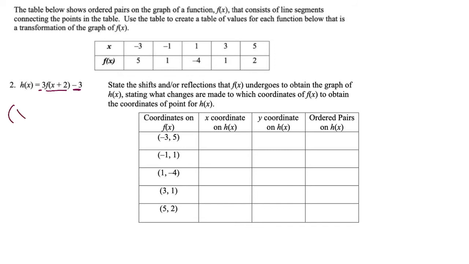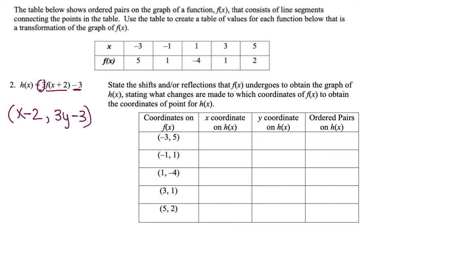So what's going on with x? It looks like x is going to go left 2, and then for your y, it's going to be multiplied by 3 and then lowered, or subtracted, by 3. Alright, and so there's your coordinates, there's what's going on with it.